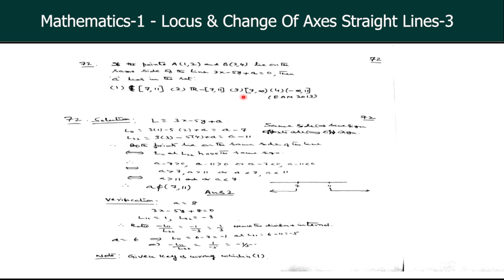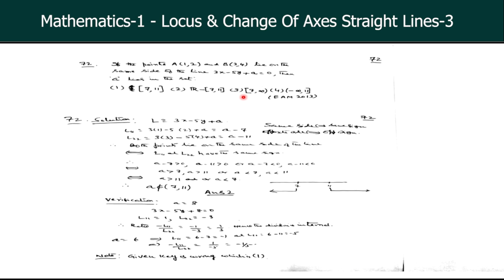So two points (x1, y1) and (x2, y2) lie on the same side of a straight line L equal to 0 if and only if L11 and L22 are of the same sign. They lie on opposite sides if L11 and L22 are of opposite sign. So please remember: same side, same sign. Opposite side, opposite sign.